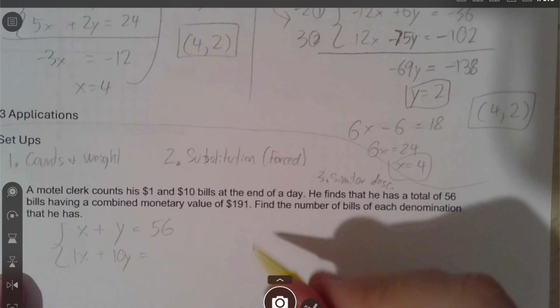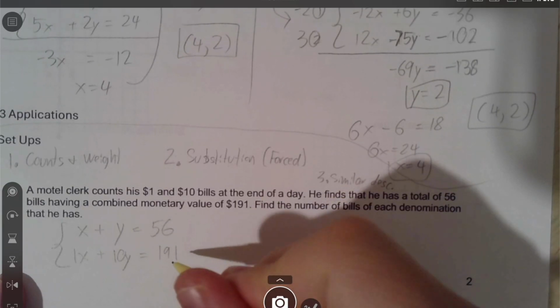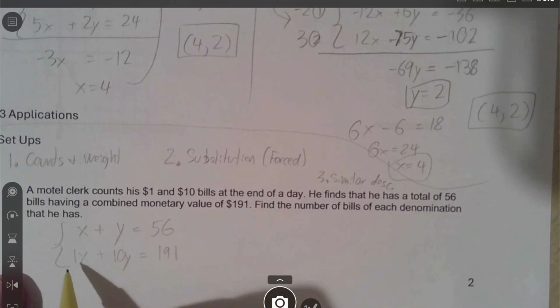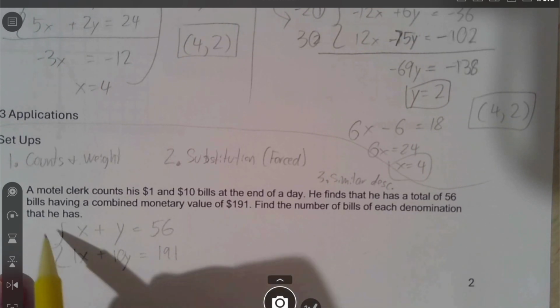And then I'm going to have my monetary value, which is 191 at the end here. Now this is your weight or worth equation, because now you have the worth equals the worth at the end there, right? You have your counts equation, you have your weight or worth equation, and that's your setup.